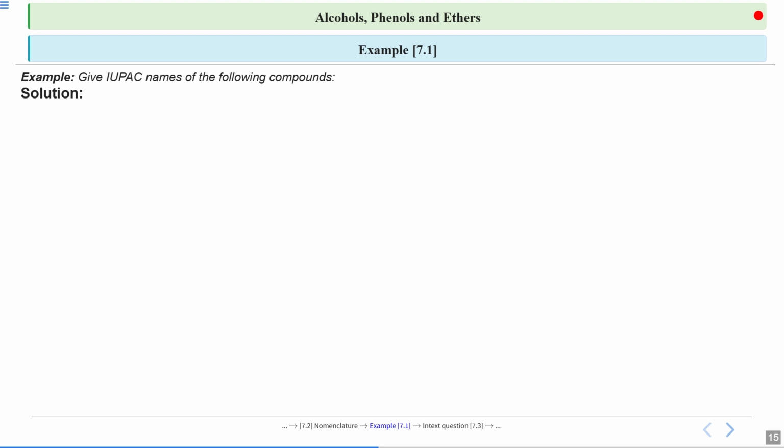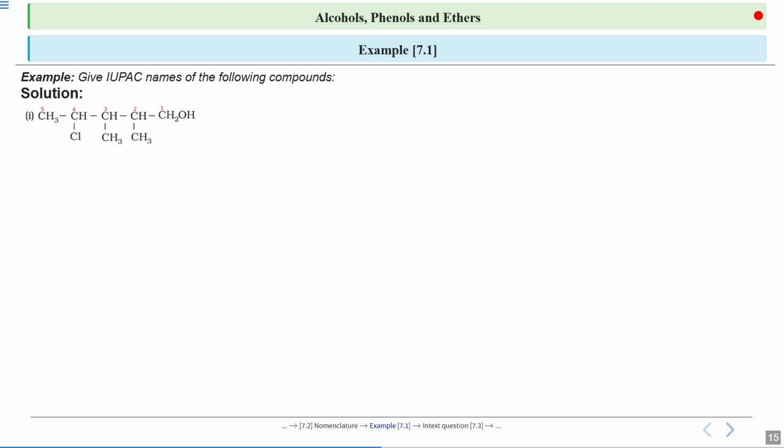Let's solve it. Let's start with the first part of the question. First, we have to select the parent chain, which is the chain containing the largest number of carbons in it, and also the carbon attached to the OH group.